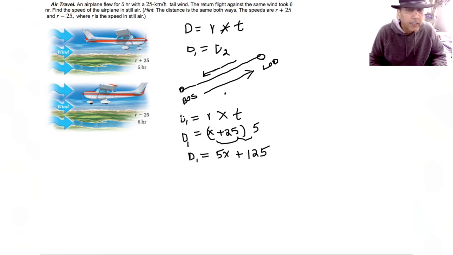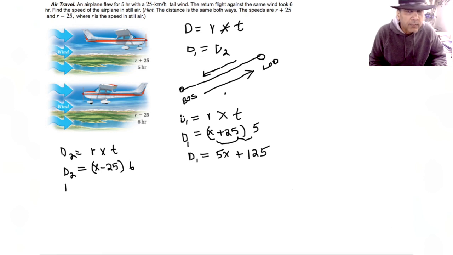So let's calculate D2 right here. We're gonna use the same formula, R times T. This time we are coming back from London. So for D2, R is what? Again, we don't know the speed of the aeroplane, and in this case we are heading against the wind, so I'm gonna minus 25 here because the wind is pushing us backward.